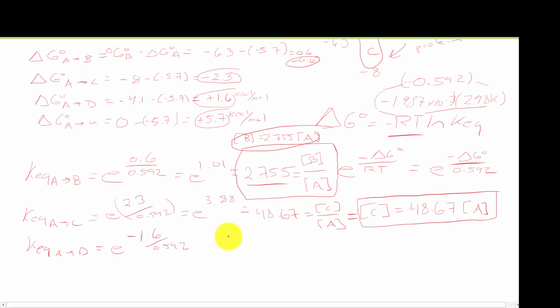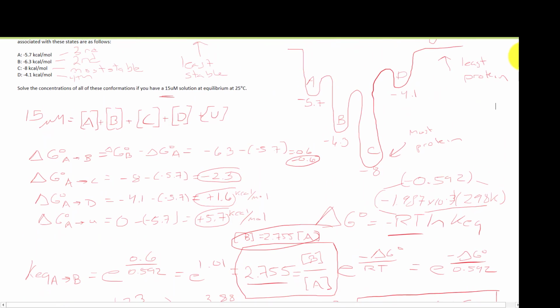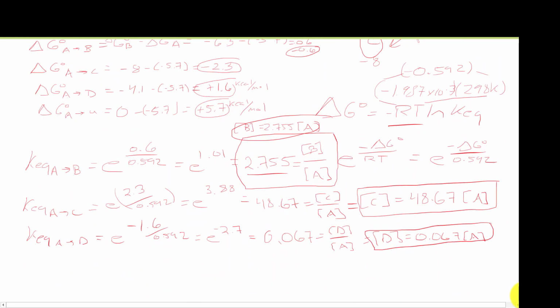All right, E to the negative 2.7, which equals 0.067 equals D over A. So D is equal to 0.067 times A. So there should be less D's than A's, and we saw that up on our little diagram. Remember that D is highest in energy. So there should be a lot less D's than A because D is higher in energy than A. So A should dominate. So that makes sense.